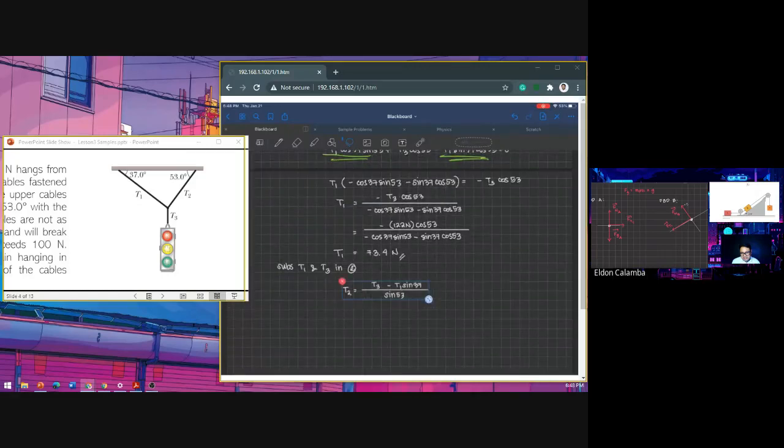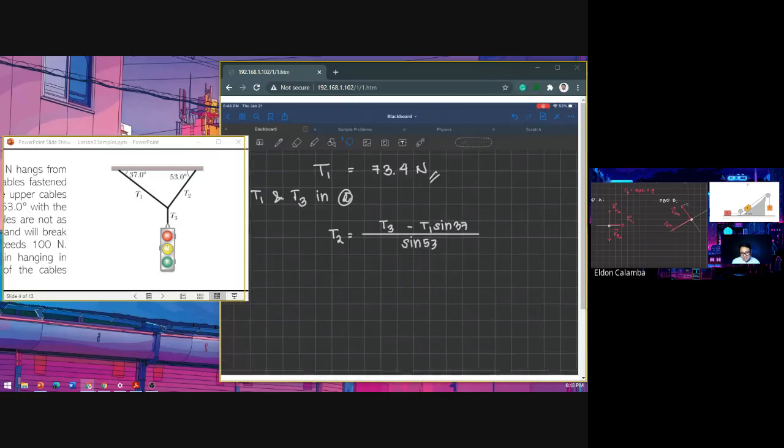Okay. So this is just equal to T3, 122 newtons, minus T1, 73.4 sin 37, all over sin 53.